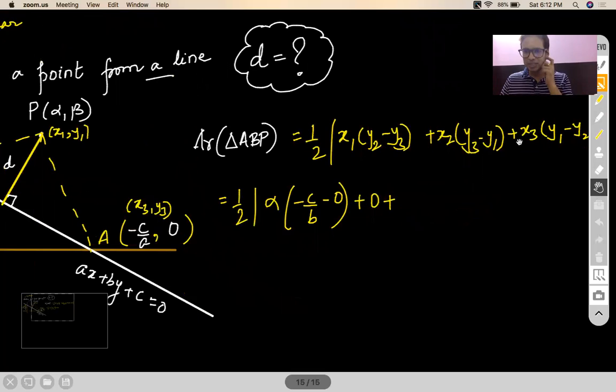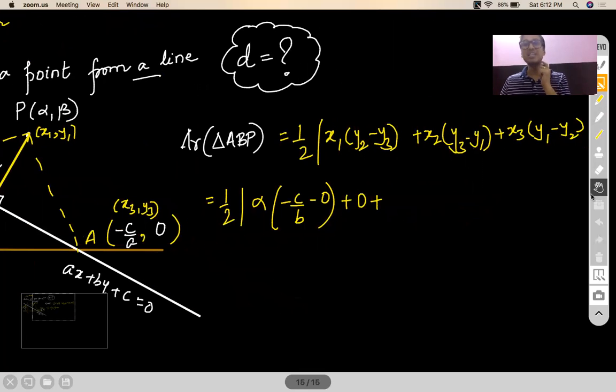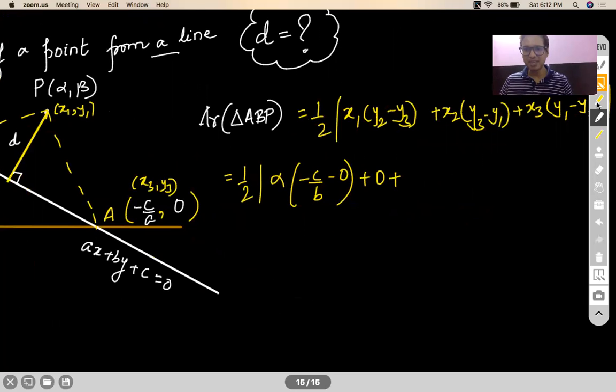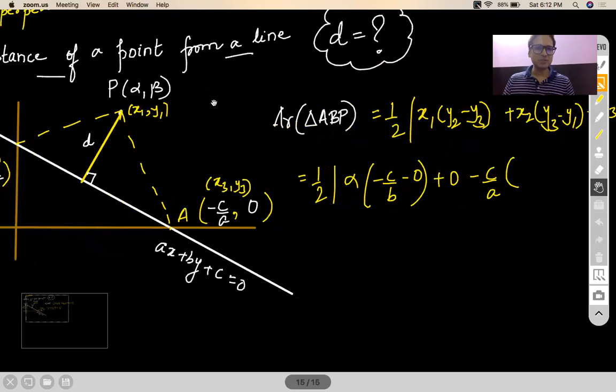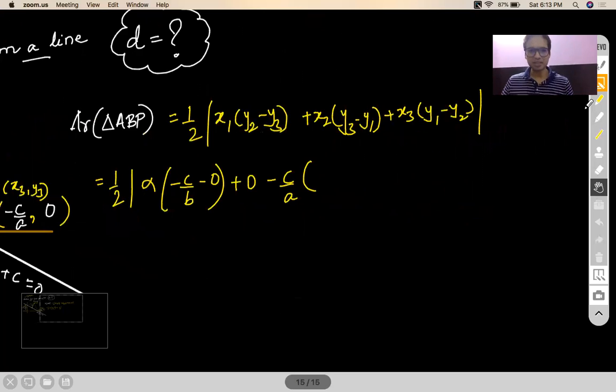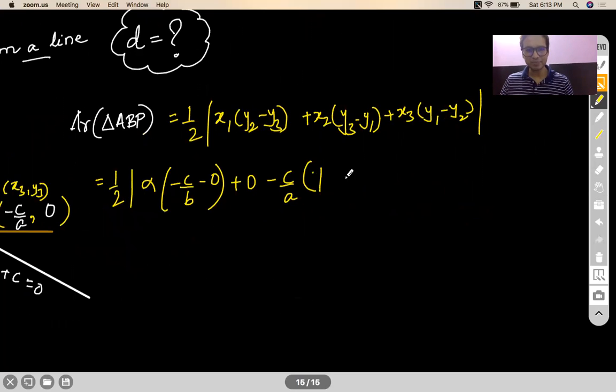Then the last term was x3 (y1 minus y2). So x3 is minus c by a. So let me just undo this plus sign and write a minus c by a. Okay, y1 minus y2 will be beta plus c by b.